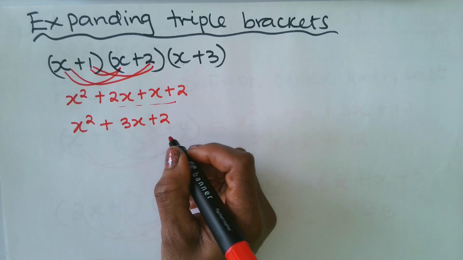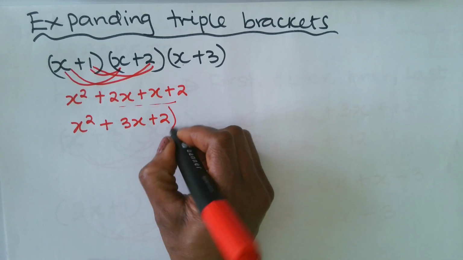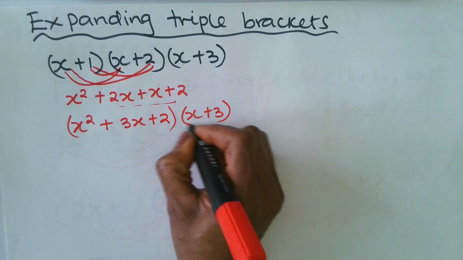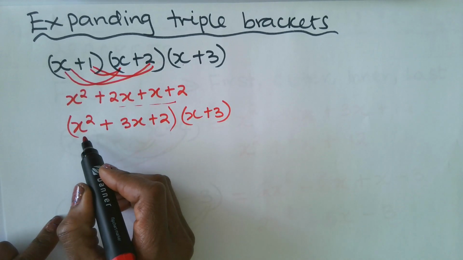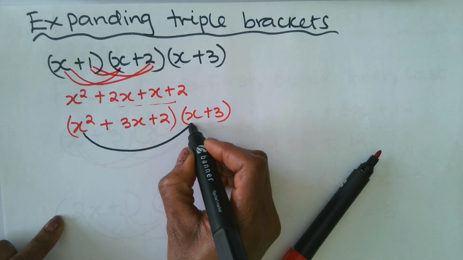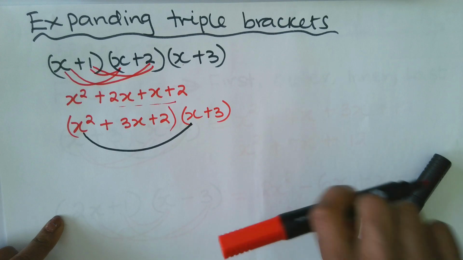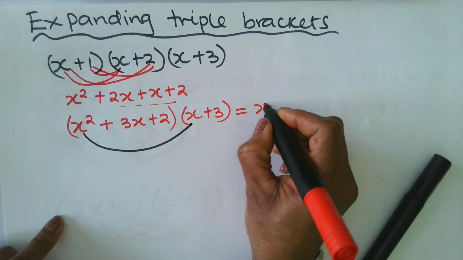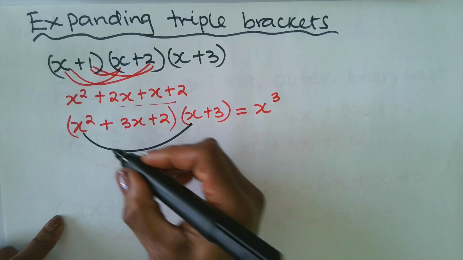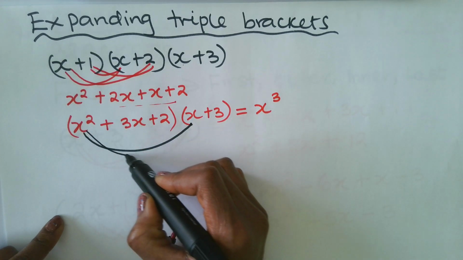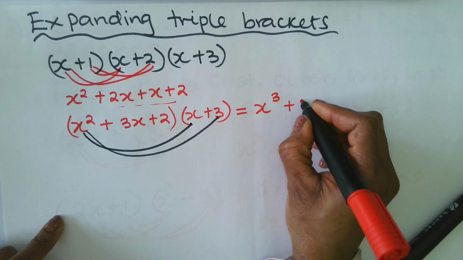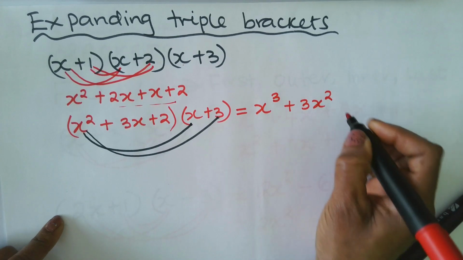So I put this in bracket again and x plus 3 in bracket. x squared times x will give me x to the power of 3. Now x squared multiplied by 3 will give me plus 3x squared.